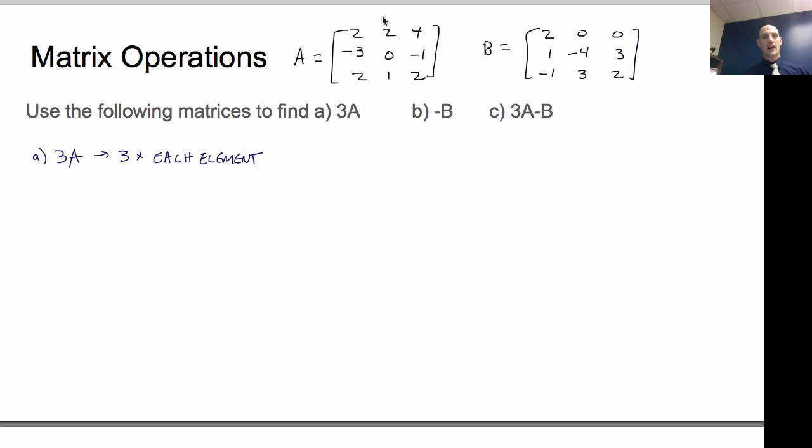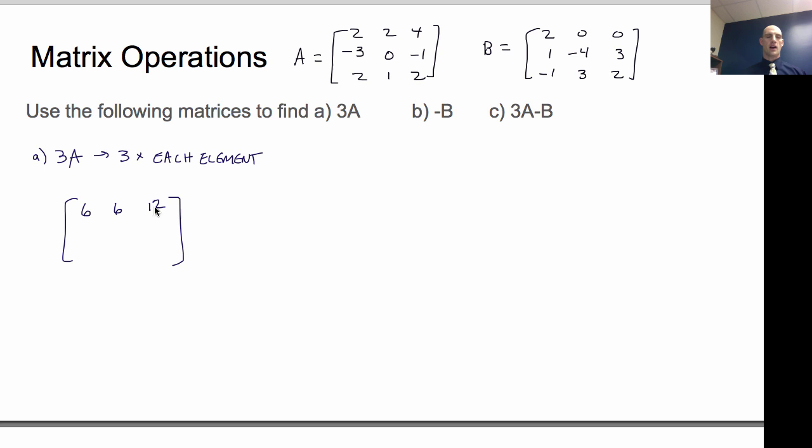And so I can actually really do this without even too much heartache. So in my 3 by 3 matrix, which is what 3A is going to be because it doesn't change anything, I'm going to multiply 3 by 2, so this is 6. I'm going to multiply 3 by 2 of my second element, which is 6. I'm going to multiply 3 by 4, which is 12.